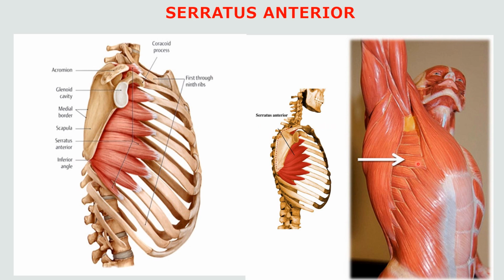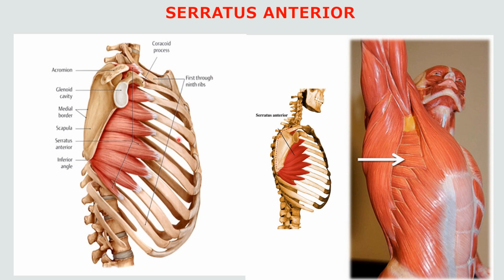There is a condition associated with paralysis of the serratus anterior that is called winging of the scapula. The winging of the scapula is due to injury to the long thoracic nerve, which results in paralysis of the serratus anterior. Where you see loss of function of this muscle, it makes the medial border of the scapula prominent.